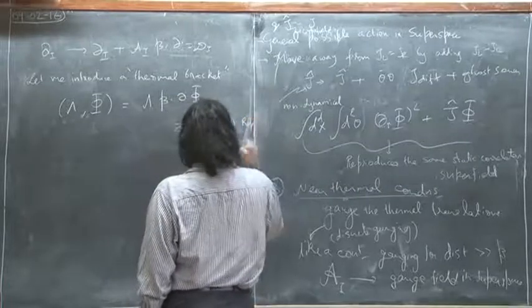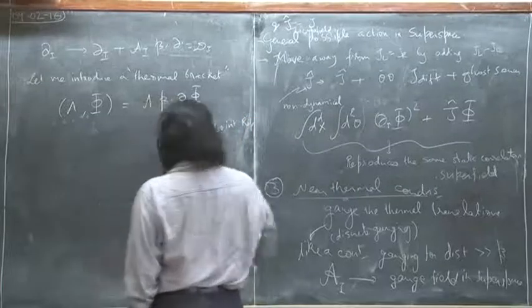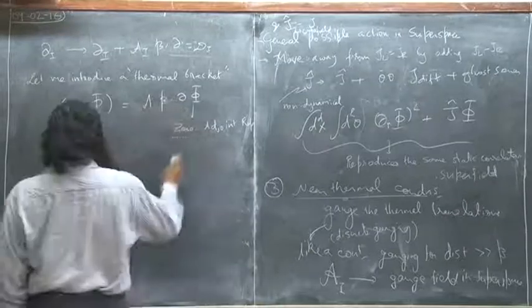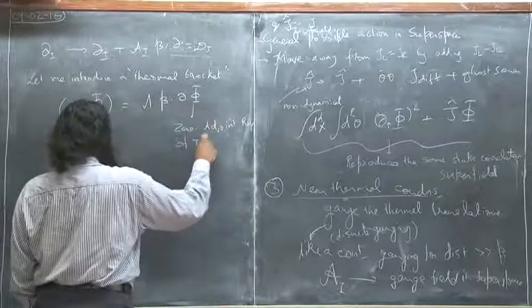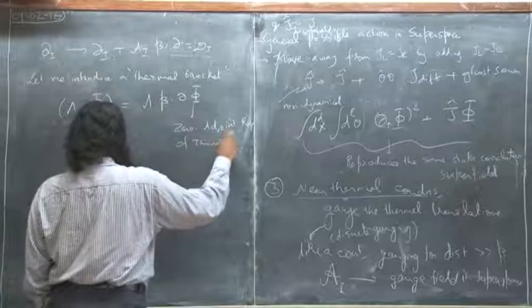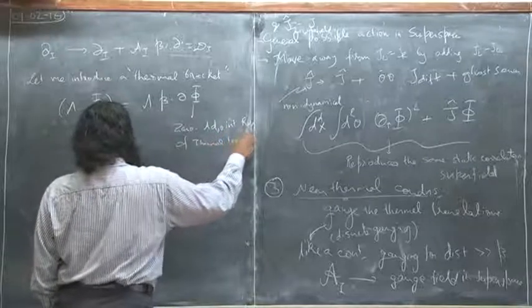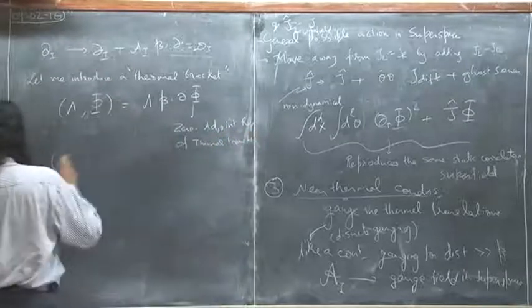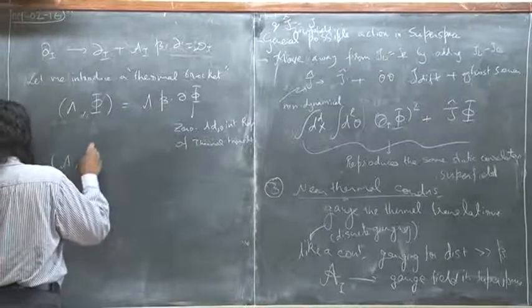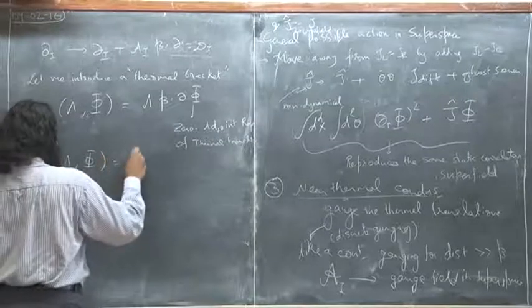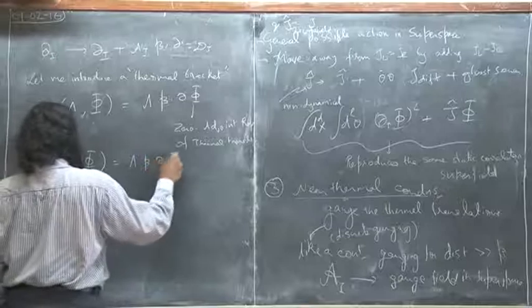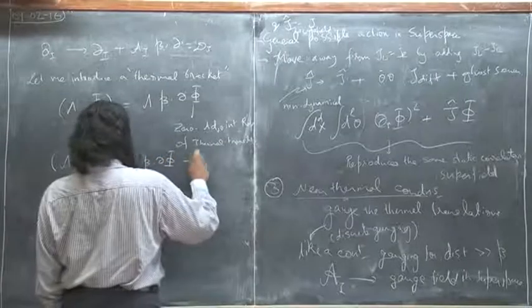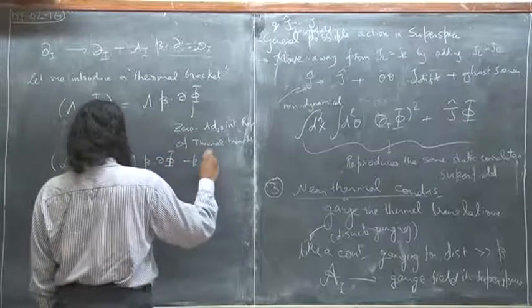So I would say that any field which transforms this way is in the zero algebra representation of thermal translations. This will become clearer. One thing you can do is generalize this.